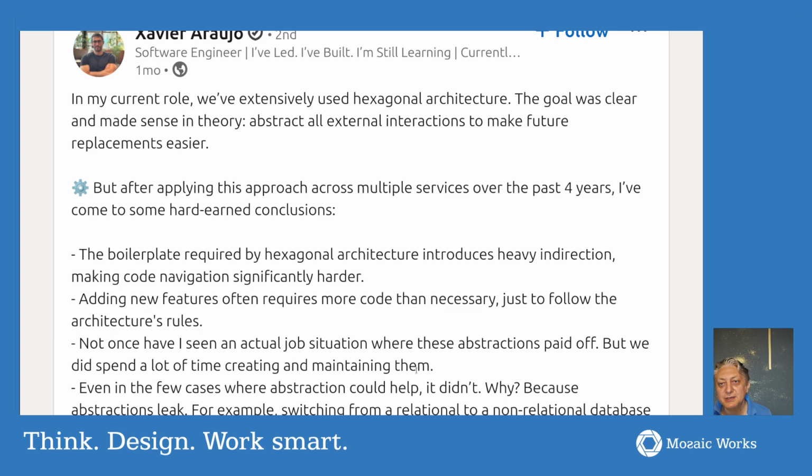I believe this is what makes this even more interesting. But indeed, it's possible that if the problem is too simple, you don't actually need hexagonal architecture. But let's see what he has to say.